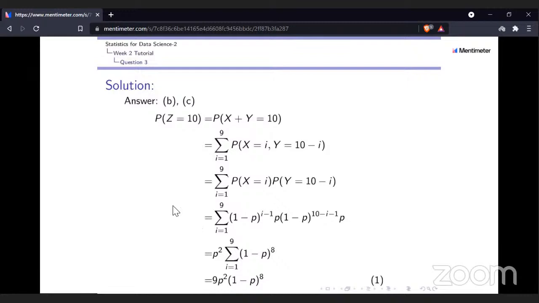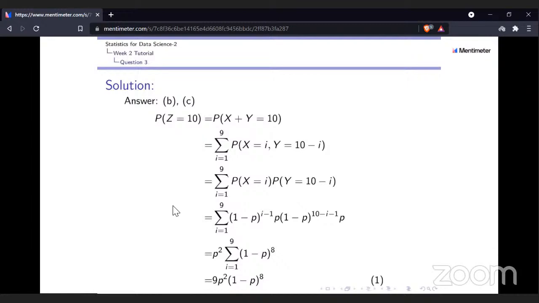So is the solution clear to everybody? Yes, ma'am. Can you explain again why we cannot take 10? What is x? Y is also a geometric distribution, right? And what is the range of values that a geometric random variable can take? It is up to the last time that you get a success.